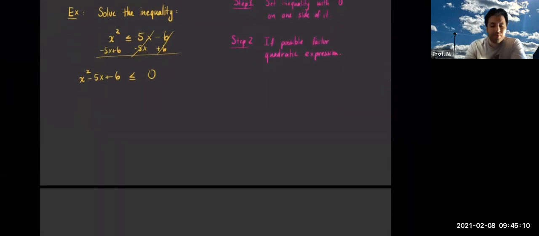So can we factor x squared minus 5x plus 6? Chen, we can definitely subtract x squared. We can definitely do that. It's just that when we do that, it may cause more confusion with the less than symbol.